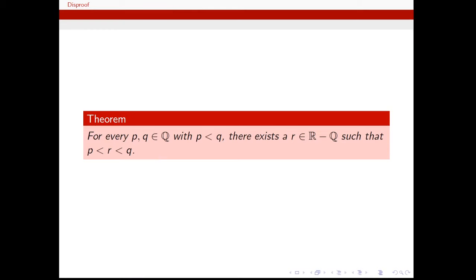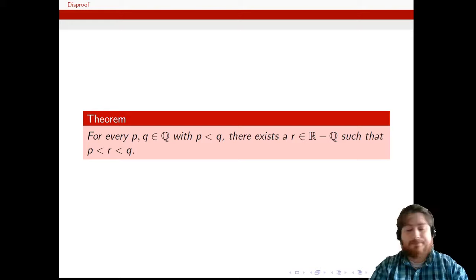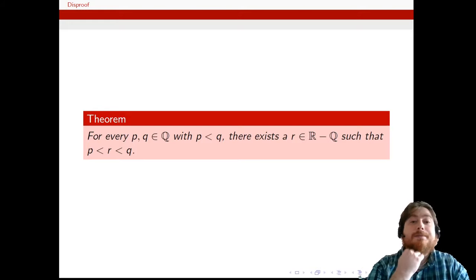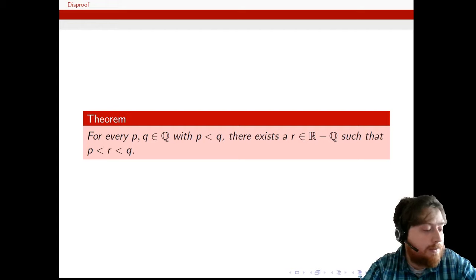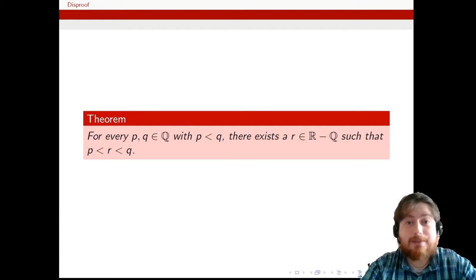All right, so let's think about what that means. For any two rational numbers, we can always find an irrational in between. So if we take all the rational numbers, for every rational, you can always find irrationals between them. So how many irrationals are there going to be? Well, a lot.